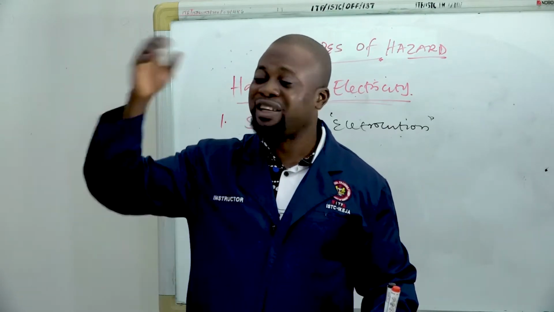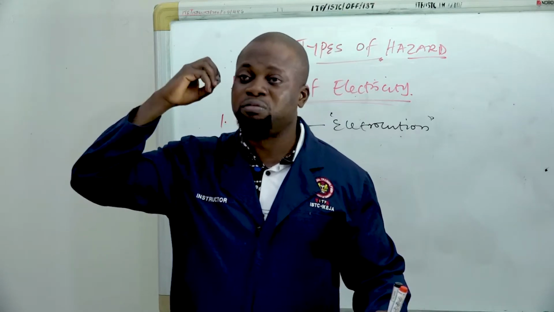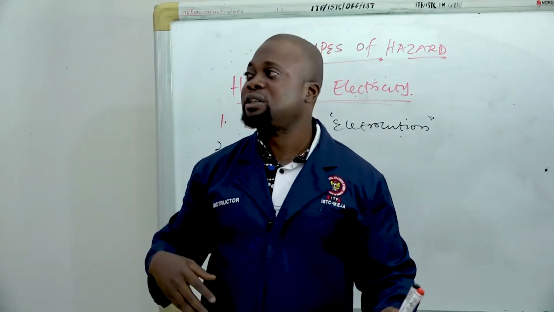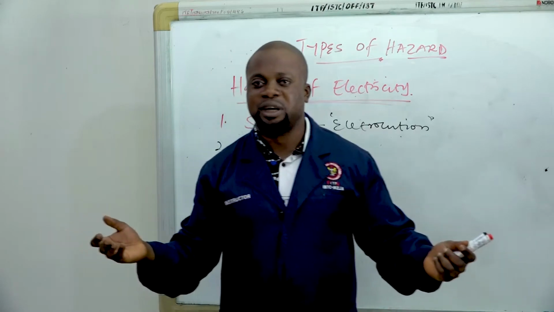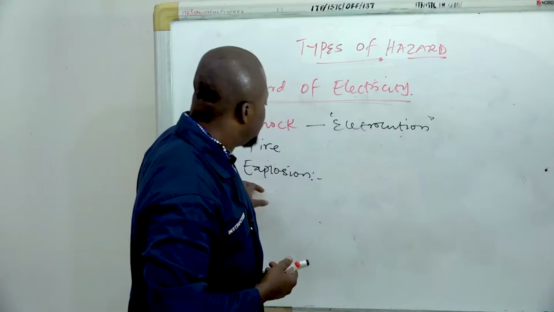At times there is a sound that goes with that spark. You hear boom. Basically, we just say the transformer has damaged. All these things are a resultant effect of explosion.